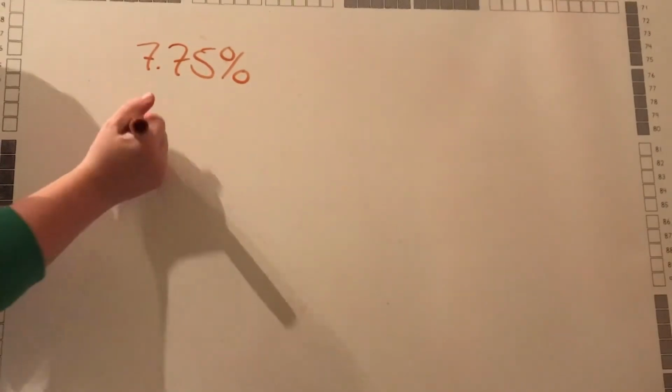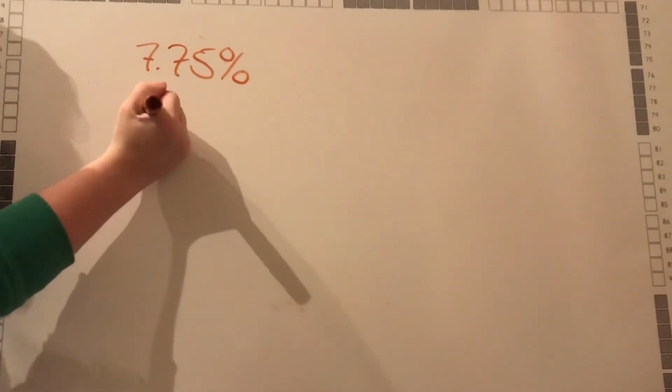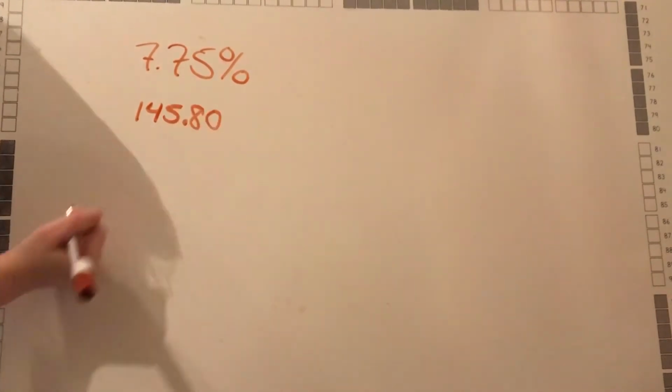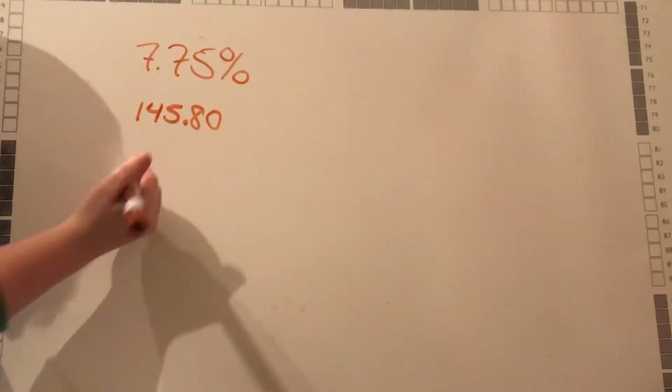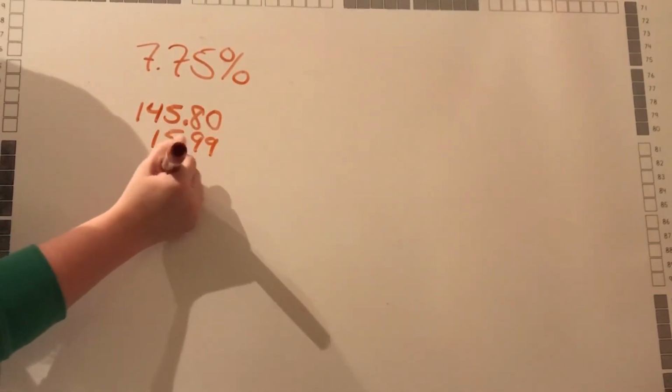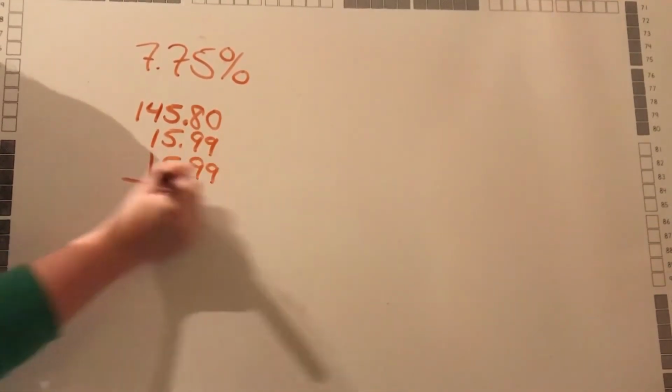So first we have to add up how much she paid in total. So she paid $145.80 plus $15.99 plus $15.99 because she bought 2 DVDs.